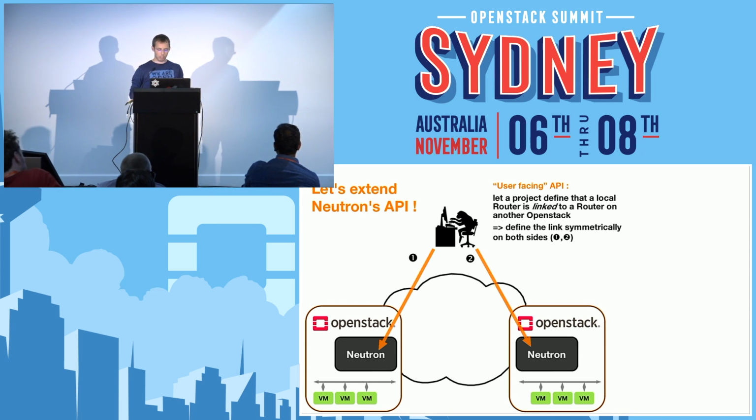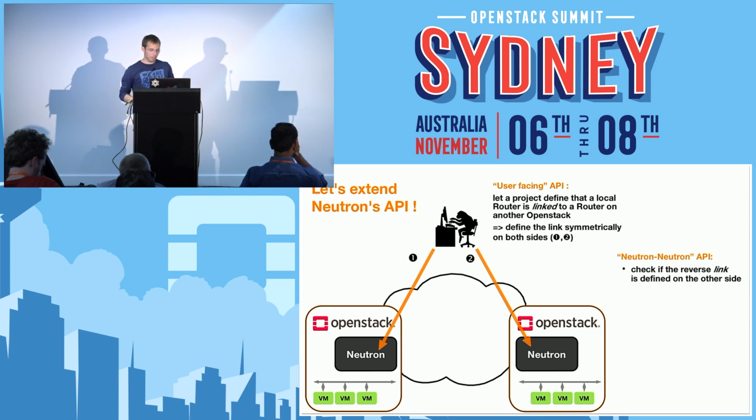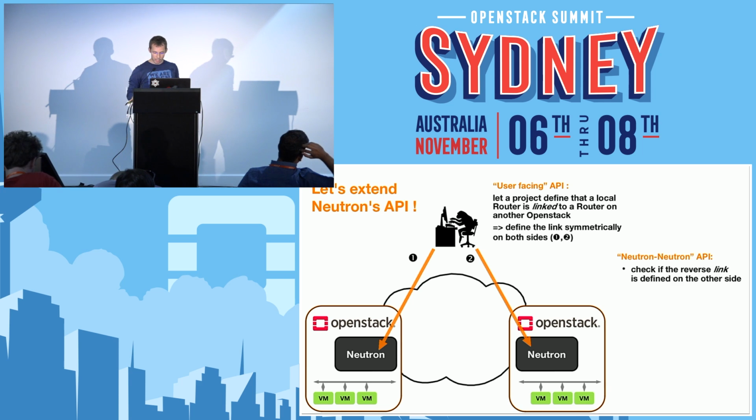And once this is done, the second piece of the API enters the picture, to allow Neutron-Neutron exchanges. This API component will be here to allow a Neutron to check if on the other side you find a reverse link that matches the one defined on its side.